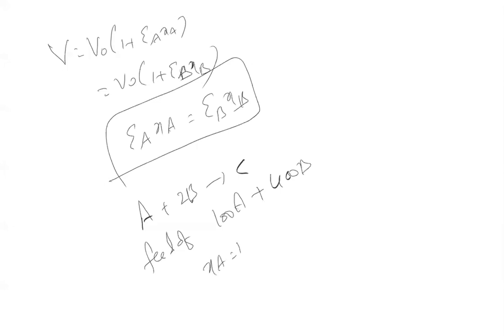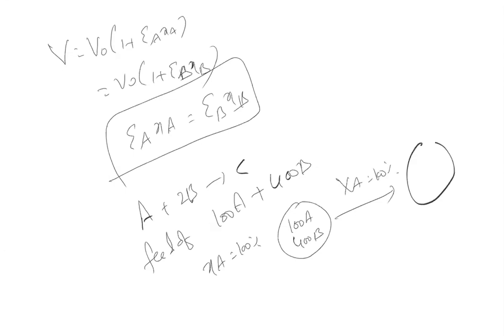When XA is 100%, I start with 100 A, 400 B. XA is 100% means A will be 0. What is B?